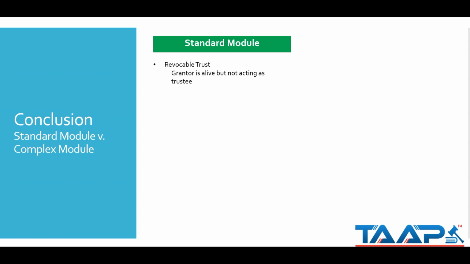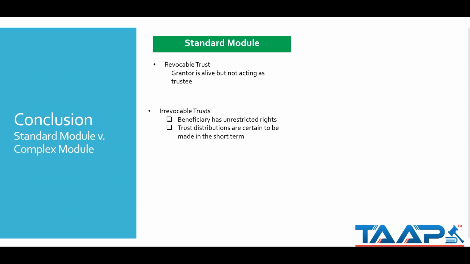And in that situation, you may still use the standard module. But if the situation is where the grantor is unable and the trust in your mind is irrevocable, then you're going to have to consider whether or not you would use the complex module in that situation.